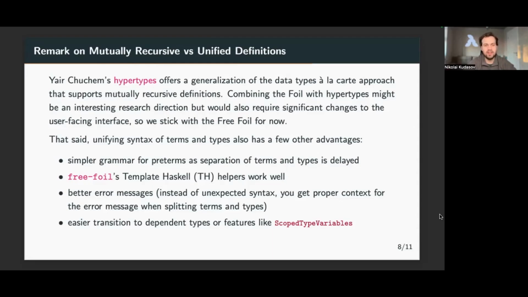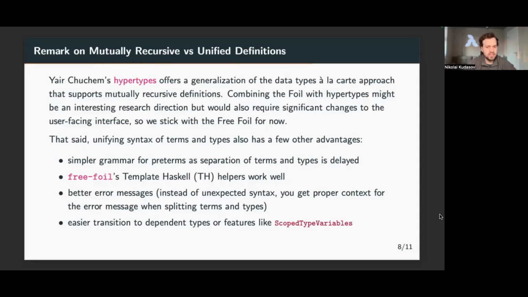That said, we think that such a unification of terms and types also has a few advantages. In particular, if we unify the syntax, at least at the end of the parser, this simplifies the grammar, usually at least. It makes sure that all of the Template Haskell machinery still works well. And because the separation is delayed, the error messages that the user gets are typically better.